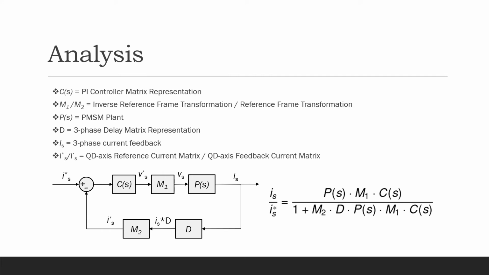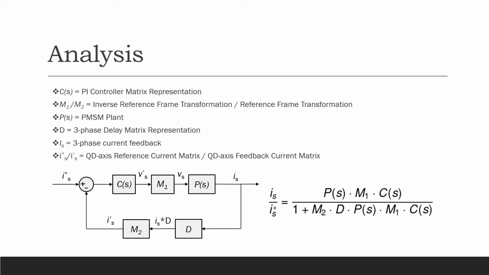So this is broken down into a little more detail, where we can see we have I star of s, which would be our reference currents, our IQ or our ID. And then that would be passed on to C of s, which is our PI controller. The result of our controlled currents would be a Q and D axis voltage, which would then be passed through M1, which is the inverse reference frame transformation as mentioned earlier.